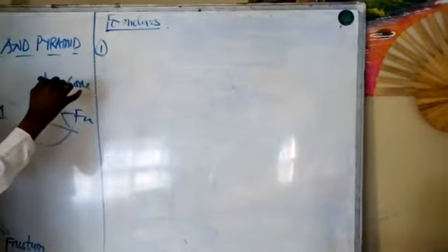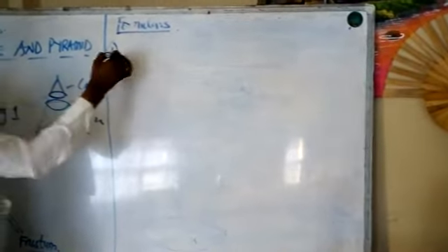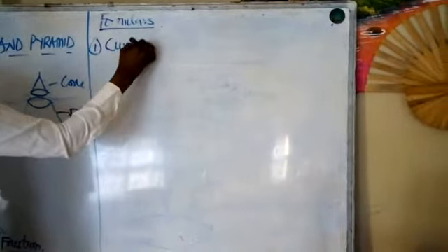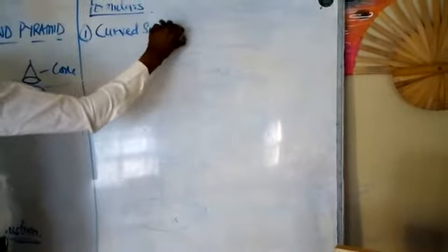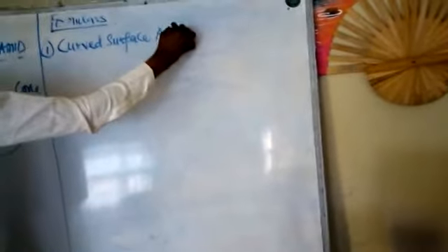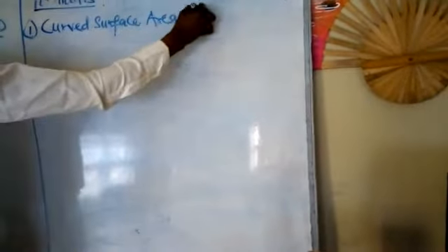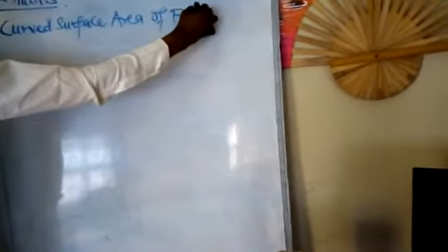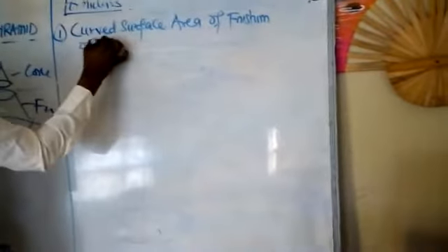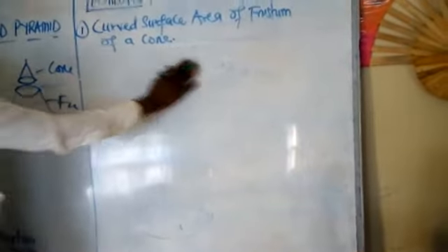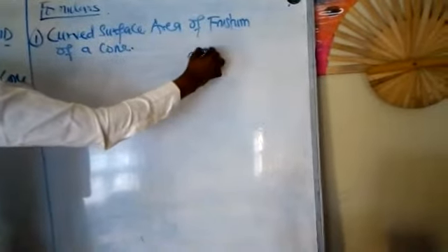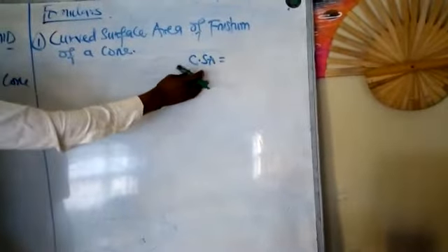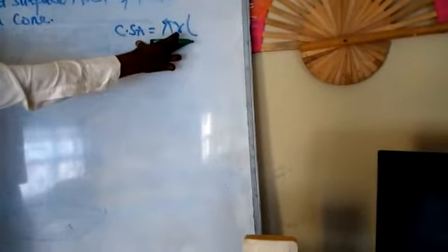Number one, you can be asked to find the curved surface area of the frustum of a cone. You know the curved surface area of a cone, normally when we did it before, the curved surface area of the cone is pi r l. That is the formula for calculating the curved surface area of a cone.